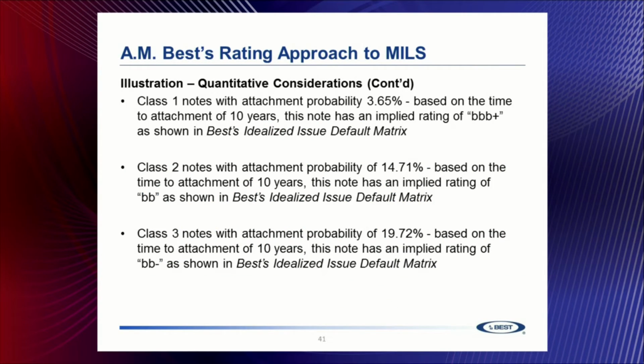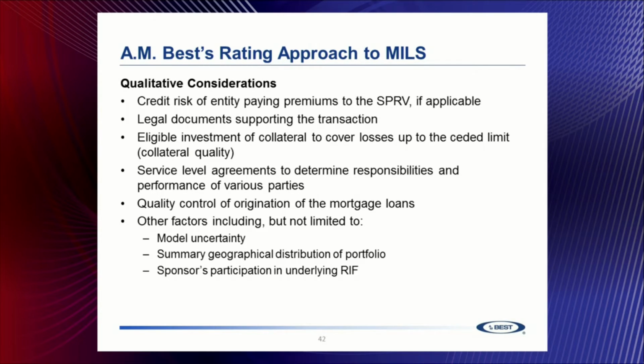This slide just repeats what I have just discussed, so I'm going to skip that. As we mentioned, other than quantitative considerations, qualitative considerations are very important in the rating process. Some of the items we will consider are the credit risk of the sponsor paying premium to SPRV.